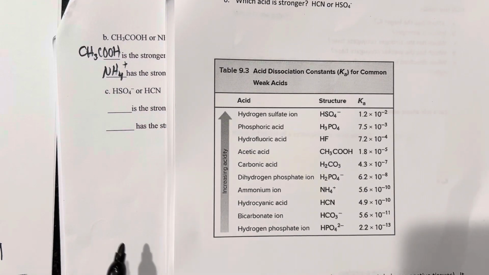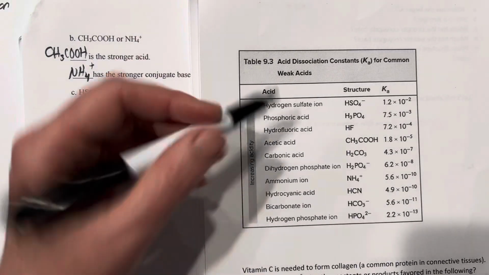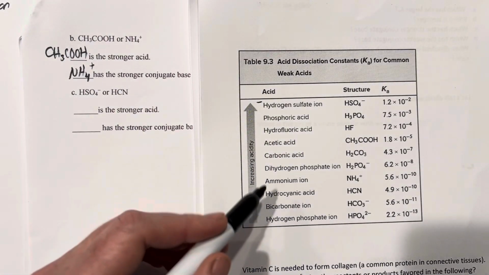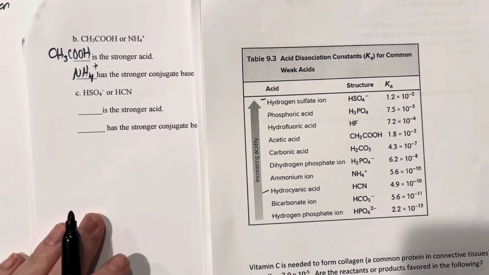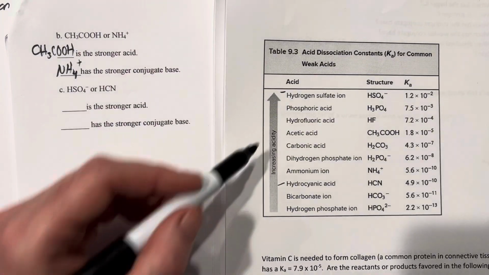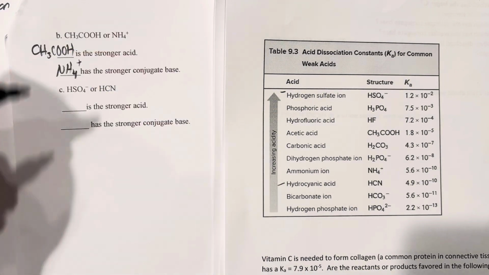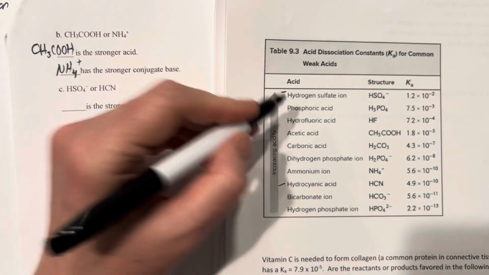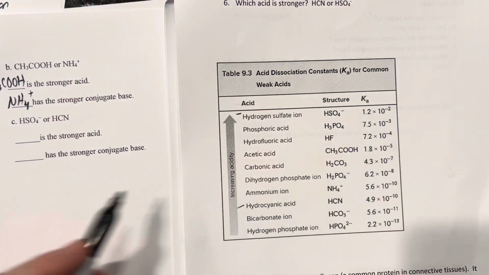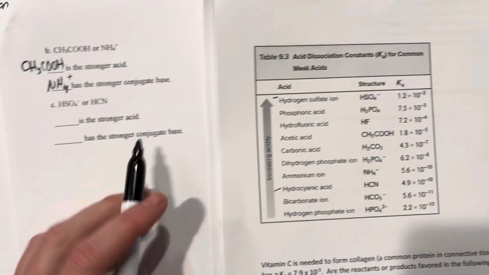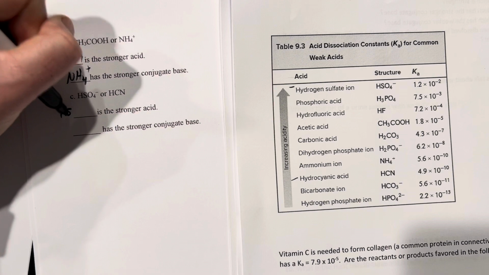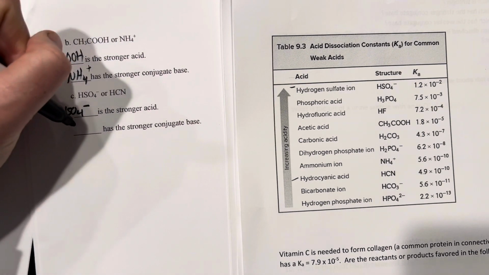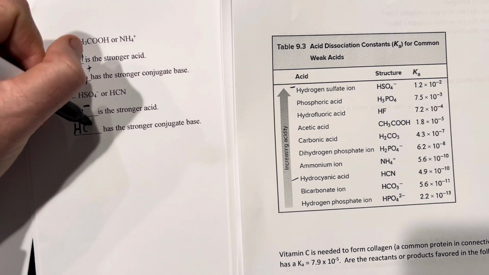Let's see them on there. I think we got to go over here. HSO4 minus is here. HCN is here. So of these two, HSO4 minus is definitely the stronger acid. It's way up here. It's got a very large Ka comparatively. And then the stronger conjugate base must be that of HCN.